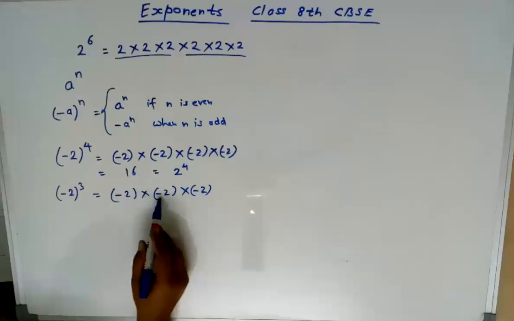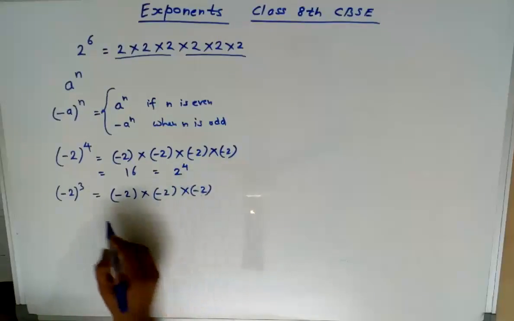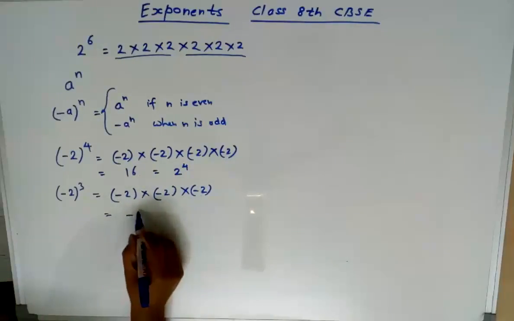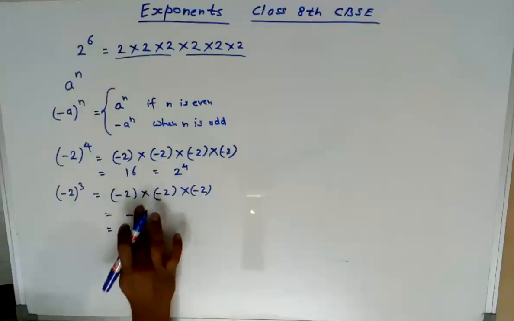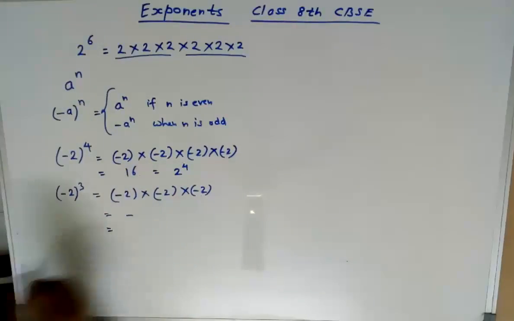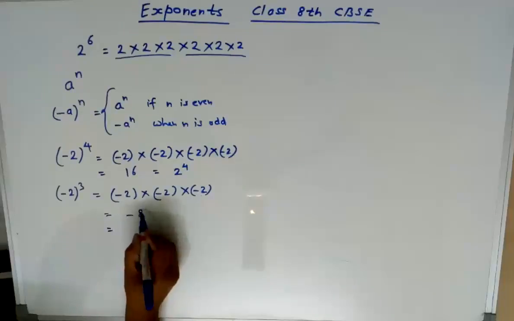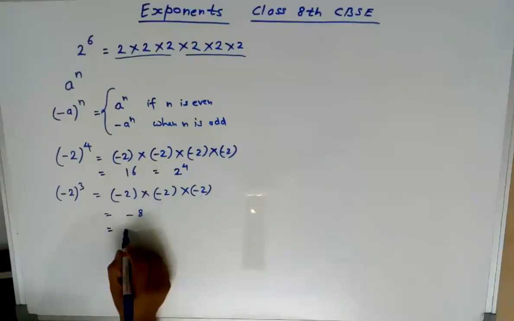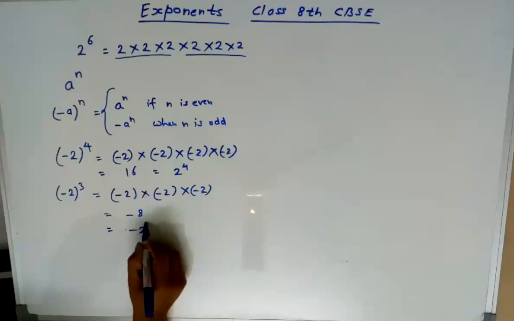So minus into minus is plus, and again plus into minus is minus. So it will be minus 2 to the 4 to the 8. Or we can say that the answer is minus 8, or minus 2 raised to the power 3.